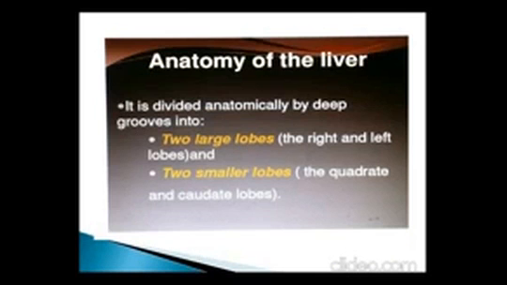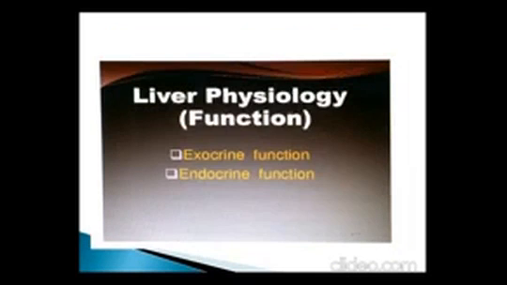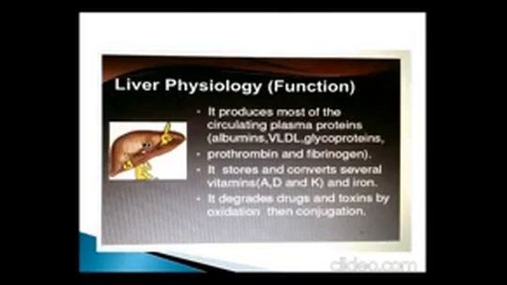The liver physiology. As you all know, it has a dual function, the exocrine function and the endocrine function. It produces most of the circulating plasma proteins like albumins, the very low density lipoproteins, the glycoproteins, the prothrombin, fibrinogen. So various physiological body functions have a connect with the liver.